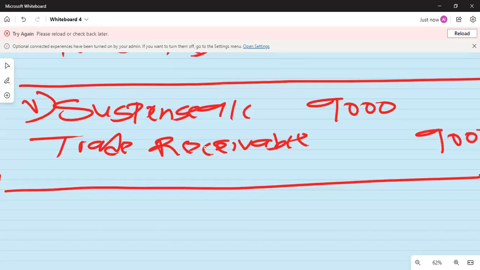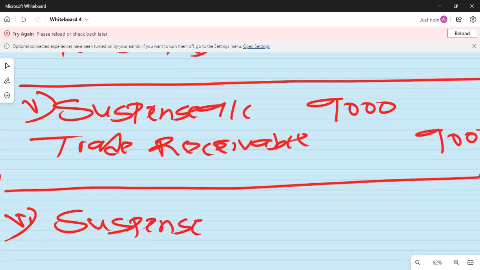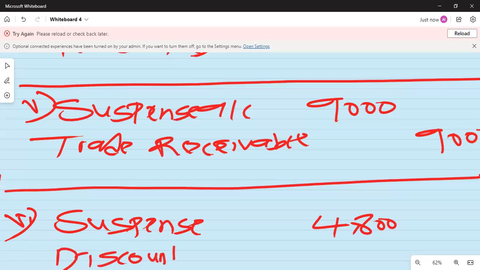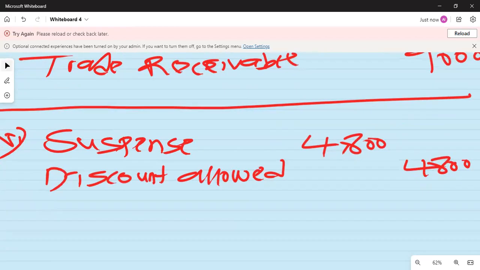Suspense account will be debited with 4,800, and discount allowed will be credited.